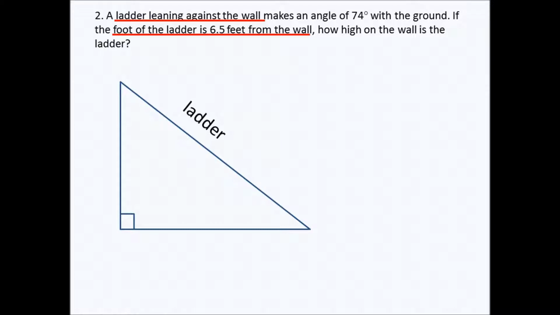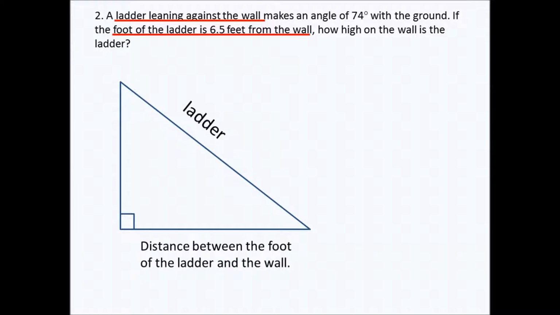Next, we're told that the foot of the ladder is 6.5 feet from the wall. Therefore, the base of the triangle represents the distance between the foot of the ladder and the wall. The next thing that we're asked is how high on the wall the ladder reaches. So the left part of the triangle represents the wall, or the height on the wall.